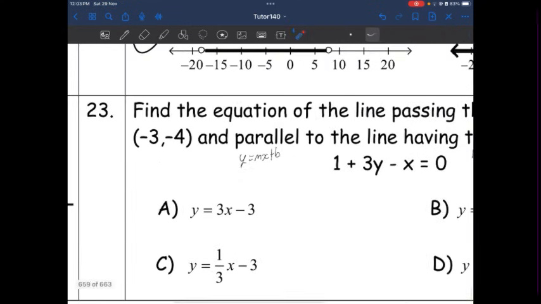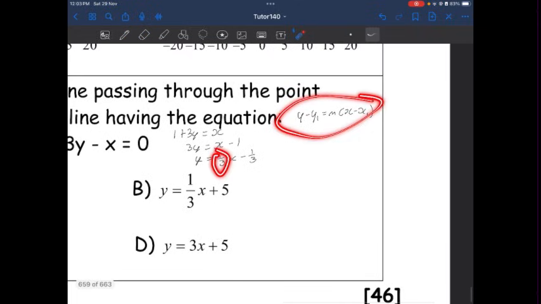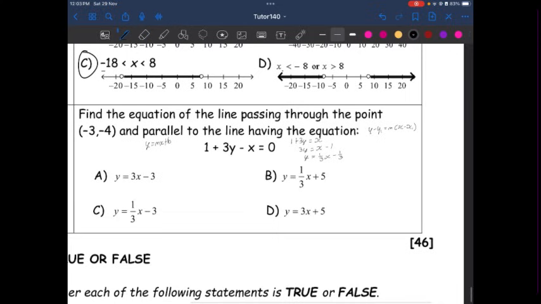I'm going to use these points here, and then this formula, and then this slope, and substitute it. So y1 is negative 4. So we're going to write y minus open bracket negative 4 equals m, the slope, 1 over 3, times x minus, make sure I put minus since it's a negative, open bracket, negative 3.